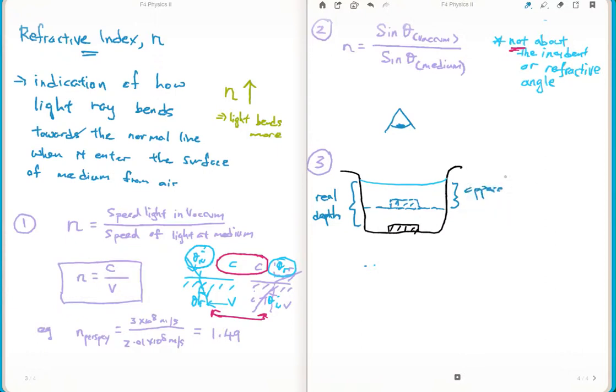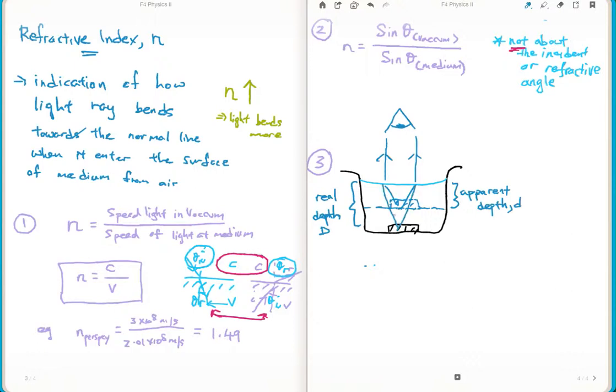The symbol is small d perhaps, and the real one is the real d. It was seen here, entering into an eye, whereas it's supposed to be here.